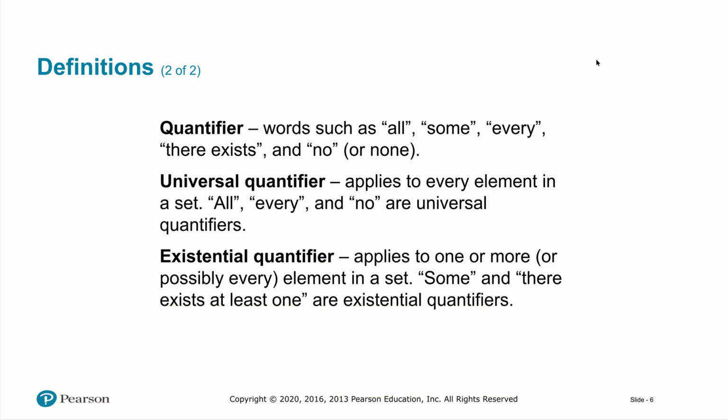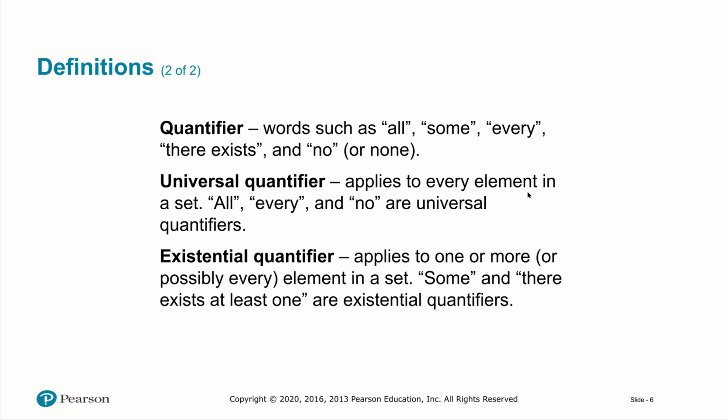When dealing with logic, one of the things that we need to become familiar with is what is called a quantifier. Basically, quantifiers include words such as all, some, every, there exists, and no or none. Among these, some are called universal quantifiers.